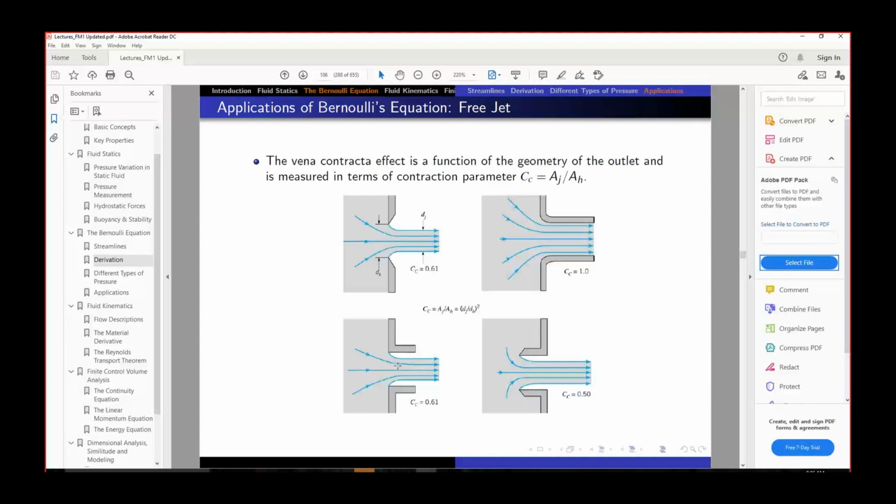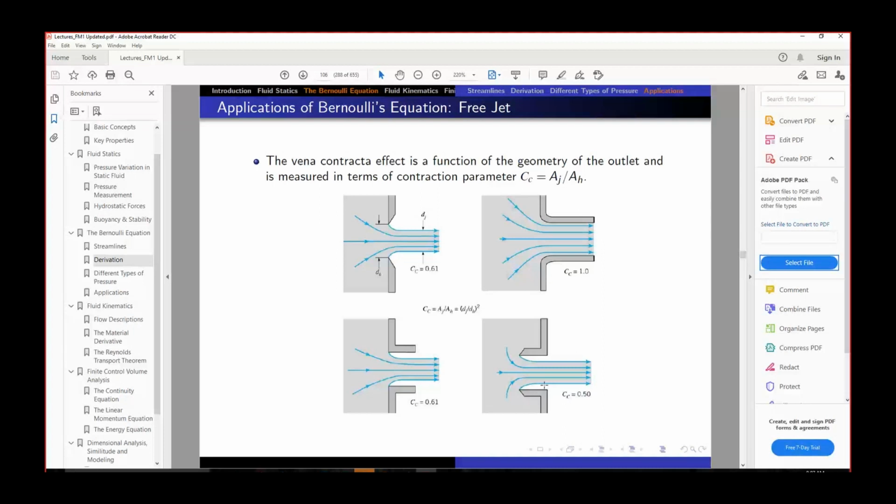And in another case, when the channel is short but also elongated along the path, the contraction parameter is again 0.61 because there is a sharp corner. So for sharp corners or edges, the contraction parameter is 0.61, and for corners without sharpness, it is 0.50, like the figure in the bottom right. Clear?